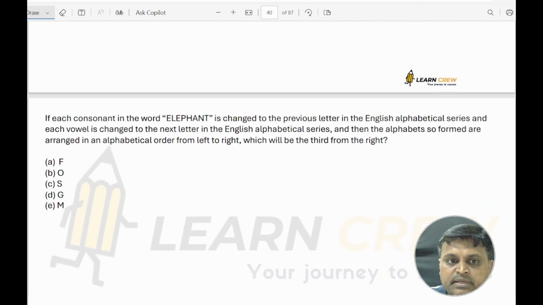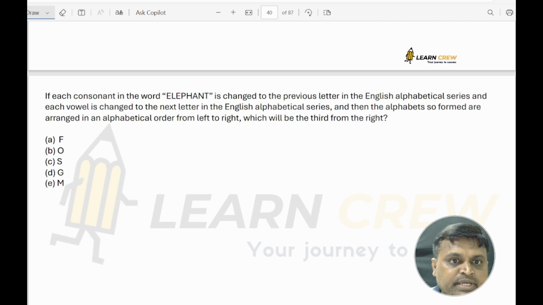Now, if each consonant in the word ELEPHANT is changed to the previous letter in the English alphabetical series, and each vowel is changed to the next letter, so here consonants have to be changed to previous, vowels to next. So E is a vowel, so it changes to the next letter. L is a consonant.